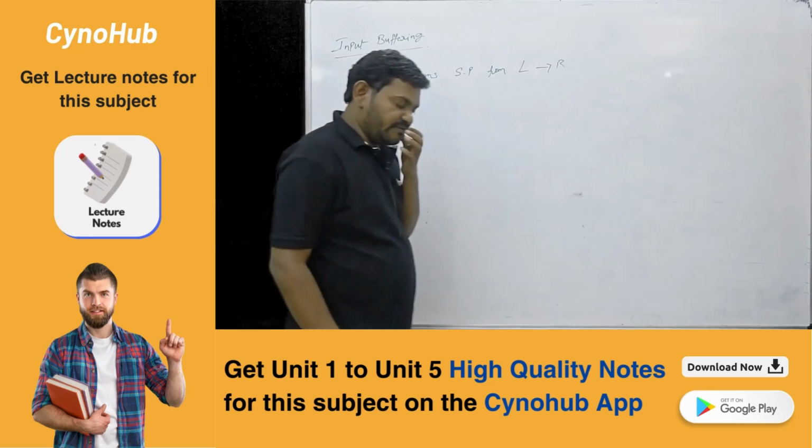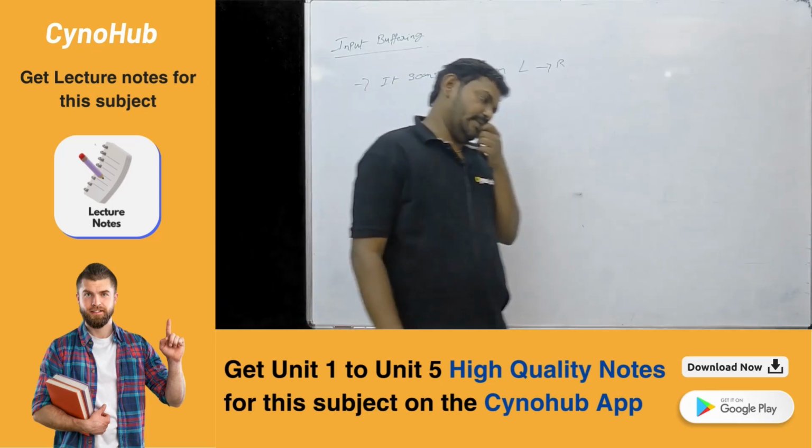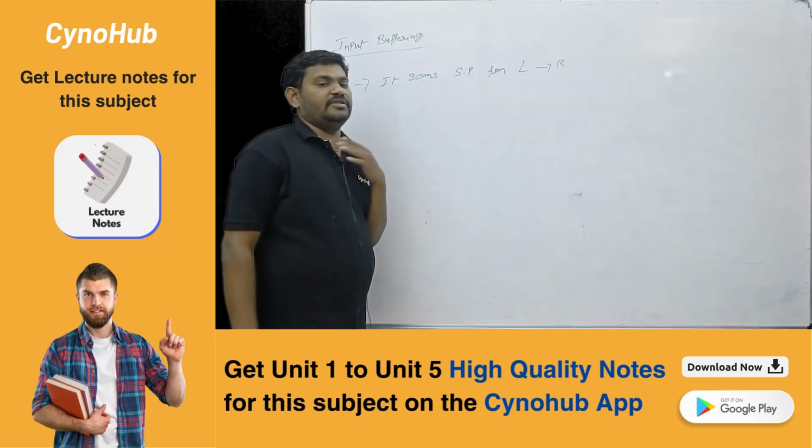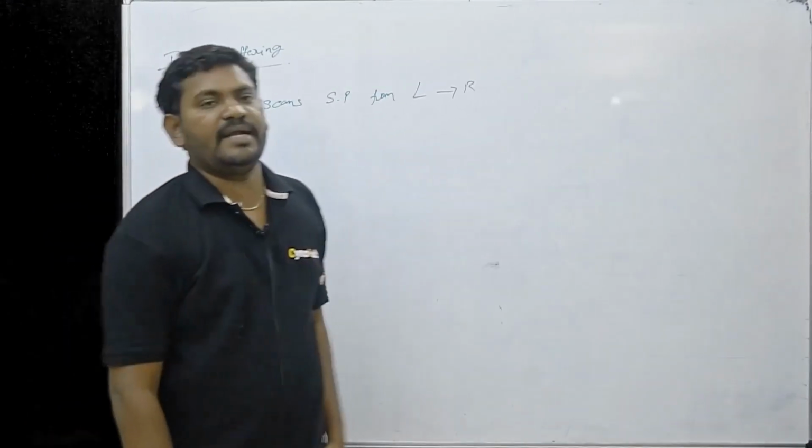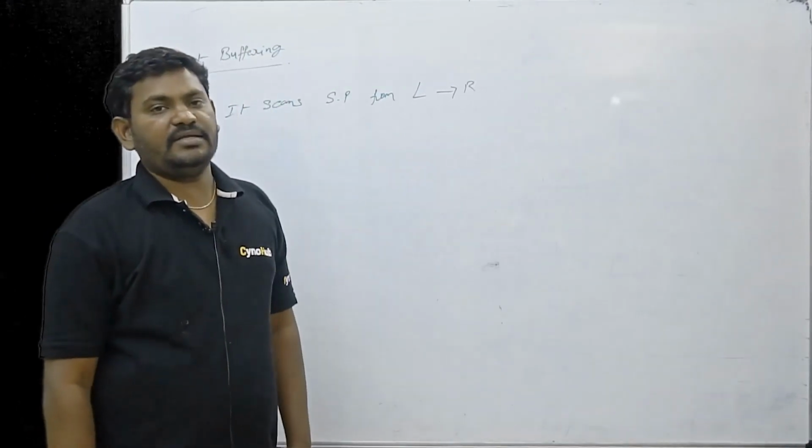In input buffering, while scanning the input data, how does it recognize the token with the use of lexeme pattern and then the token?